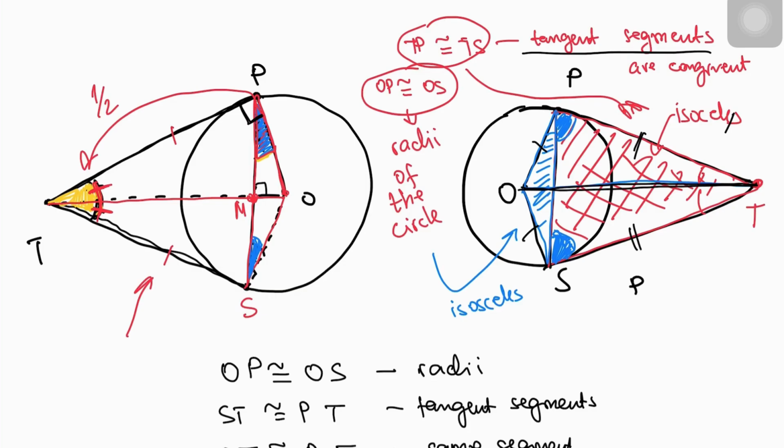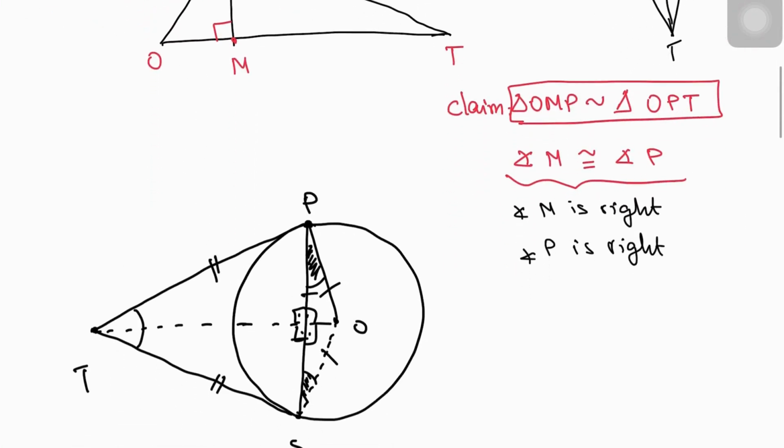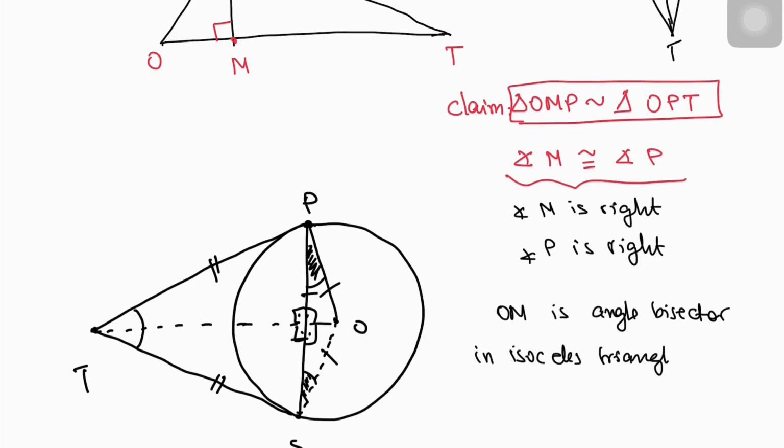Therefore OM is perpendicular. So let's write that down here. OM is the angle bisector in an isosceles triangle meeting the base.